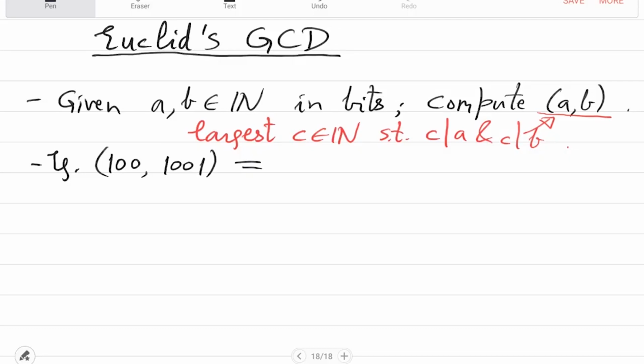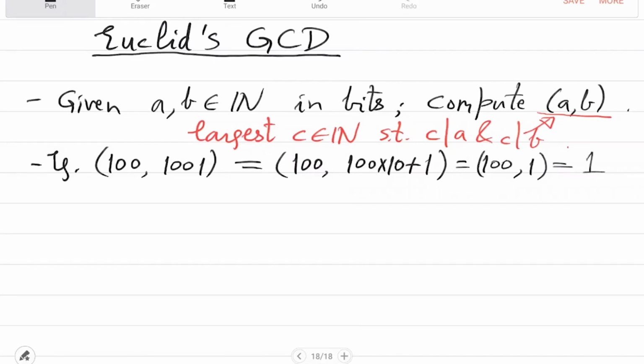So 100 has many factors. So you look at the factors and you check that they don't divide 1001, or you just do this calculation. You see that 1001 when divided by 100 gives remainder 1, and whatever this part is, this is not important for the GCD conclusion.